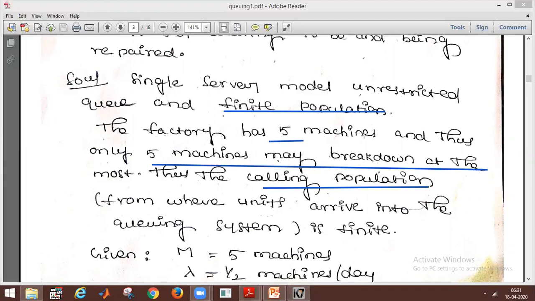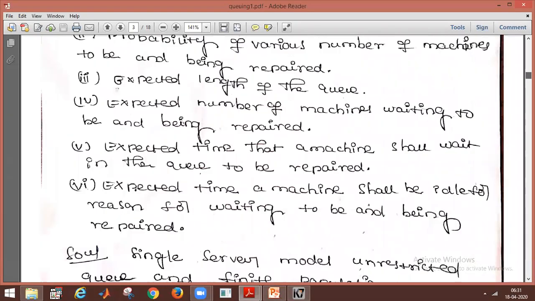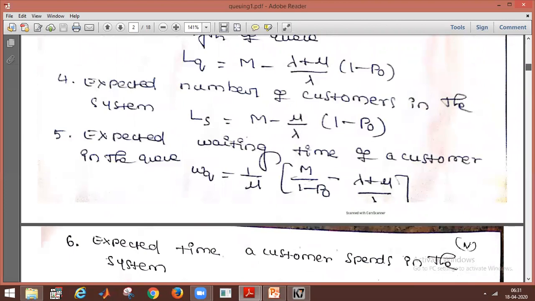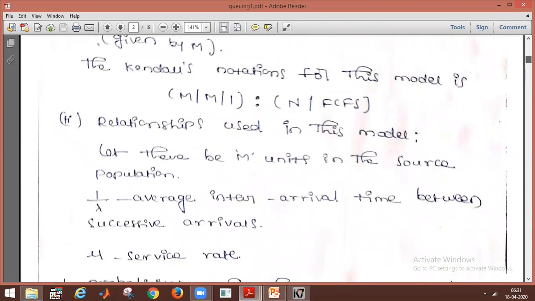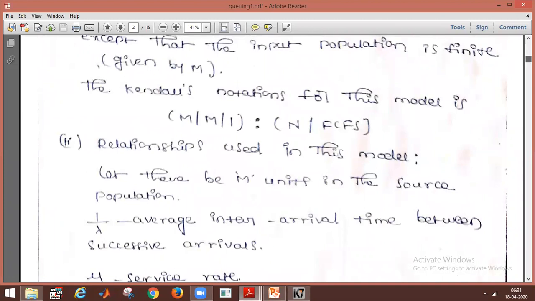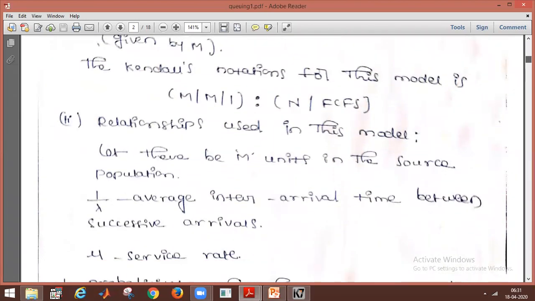In the second method, m is the source parameter, 1 by lambda is the arrival time and mu is the service rate.